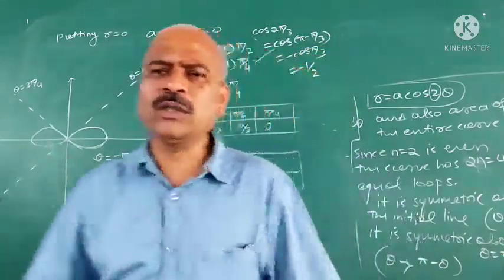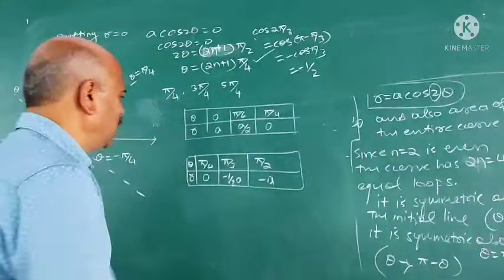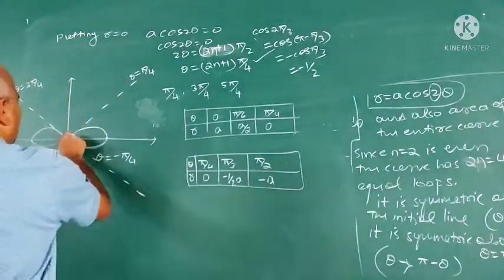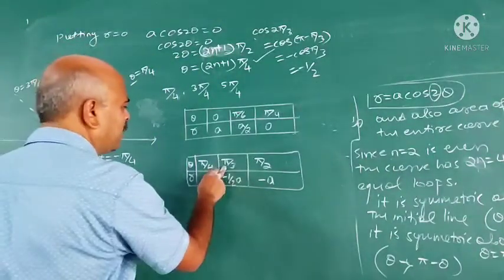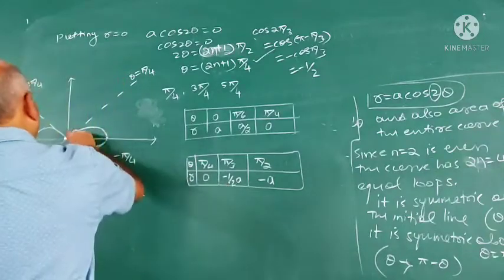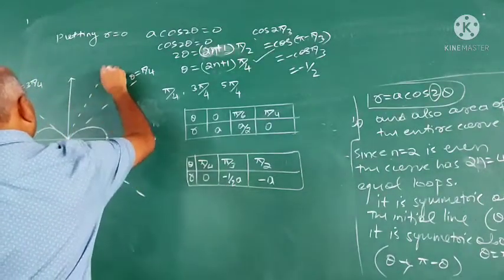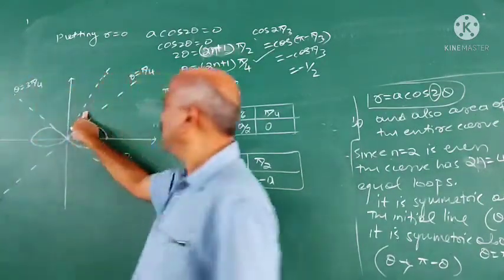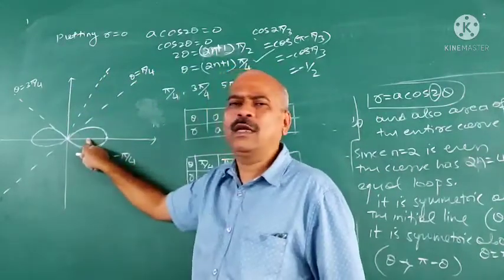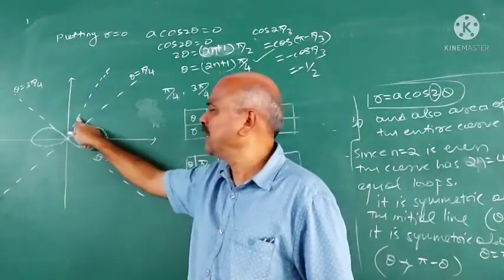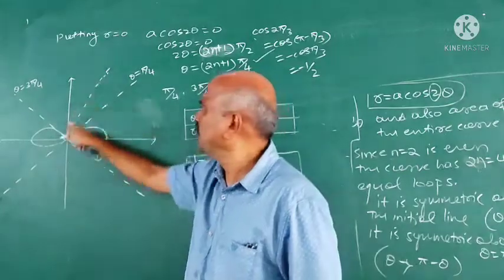Now how do you plot these points? That is important. Pi by 4, 0 is this point. Pi by 3, minus 1 by 2 a: I consider the line theta is pi by 3. What do you mean by pi by 3? This is the line which makes angle pi by 3 with the initial line. This is the positive direction of the line.